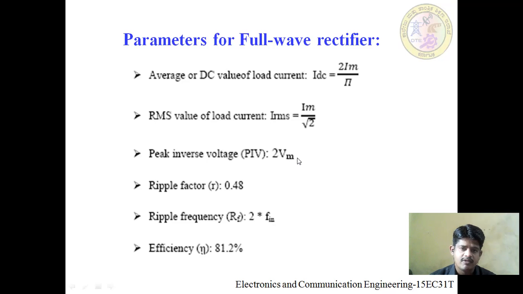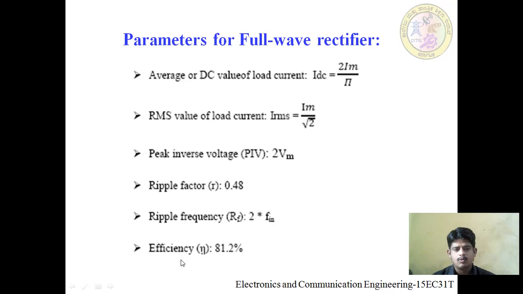Remember, in a half wave it was only Vm, and here it is 2 Vm. The ripple factor is 0.48. The ripple frequency is 2 times the input frequency. So you can observe that the ripple has gone down compared to your half wave, and the output ripple frequency is double the input. In half wave it was only the same as your input frequency.